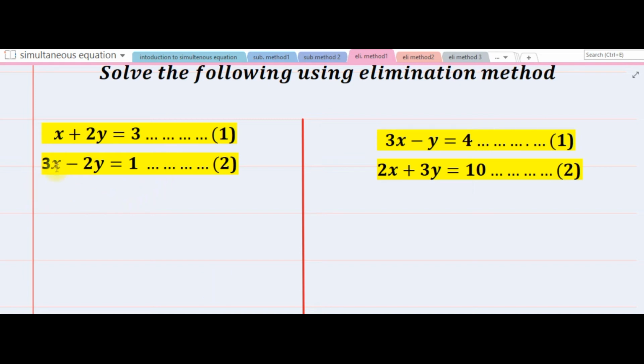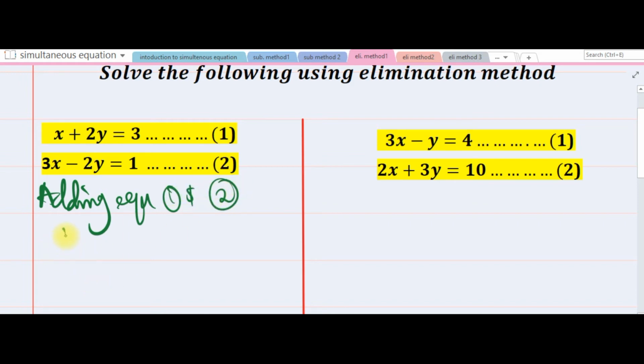So from this, the first one, the simplest, this is plus 2y, we have minus 2y, so we can eliminate y here. So let's eliminate by adding. So adding equation 1 and 2, we have 4x equals 4.